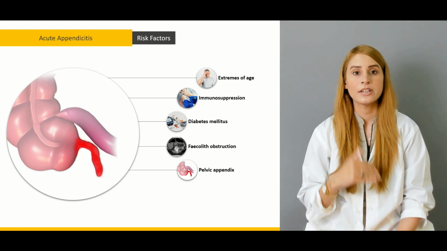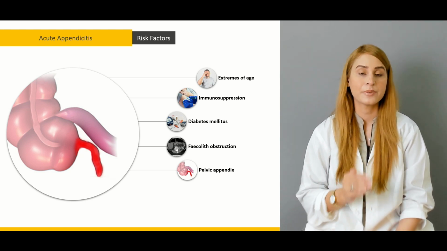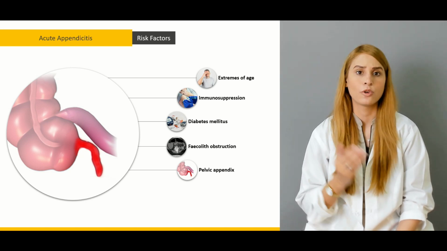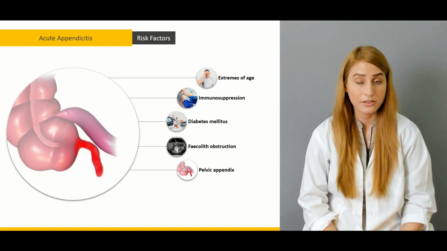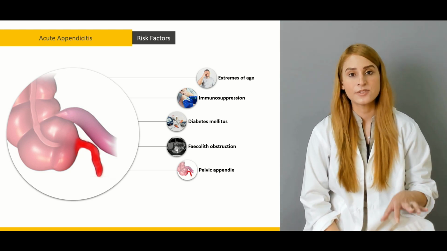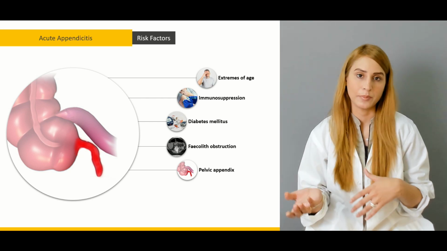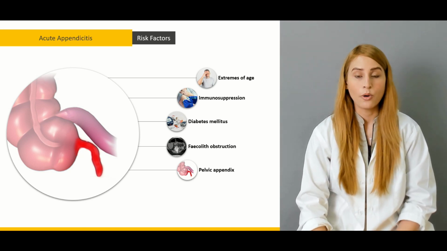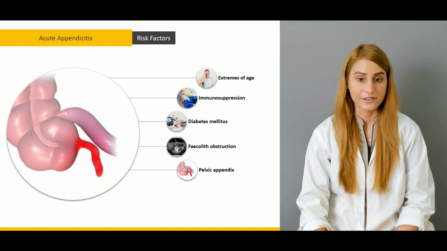In case of bacterial, it can be anaerobic as well, because we know that the gut flora is gram-negative anaerobes, and there can be aerobic as well as anaerobic. So keep this in your mind: it can be viral, it can be bacterial, and in case of bacterial, it can be aerobic and anaerobic, or gram-negative organisms, which can be found in acute appendicitis.